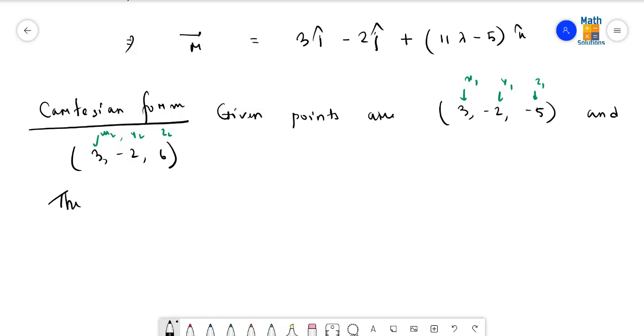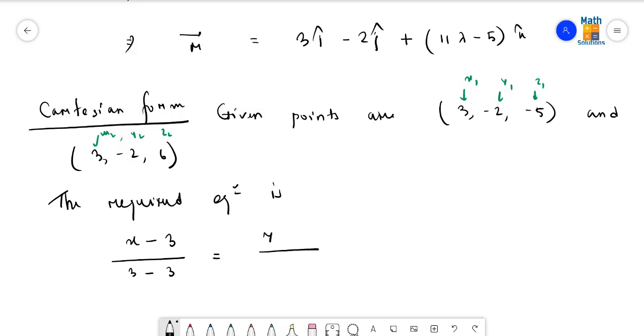The required equation is (x minus 3) divided by (x2 minus x1), that means 3 minus 3, that is equal to (y minus 2)... that is, (y plus 2) divided by (minus 2 plus 2), that is equal to z minus z1, which will be (z plus 5) divided by (6 plus 5).